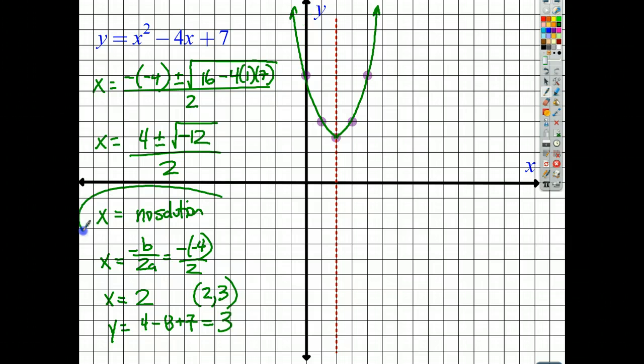And this should make sense because it doesn't cross the x-axis. This parabola never crosses it, which is why there is no solution.